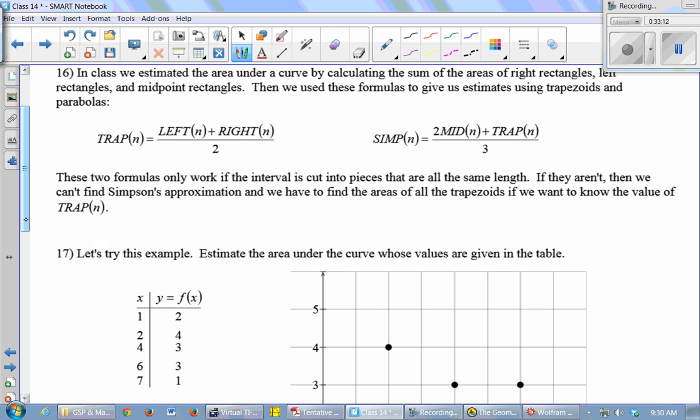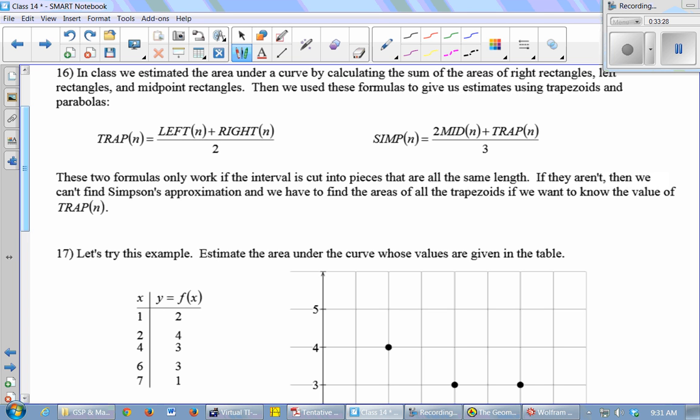Okay, so far we've been estimating the area under a curve by calculating the sum of the areas of right rectangles, left rectangles, midpoint rectangles. And then you can use those formulas to give estimates for trap and for parabolas.